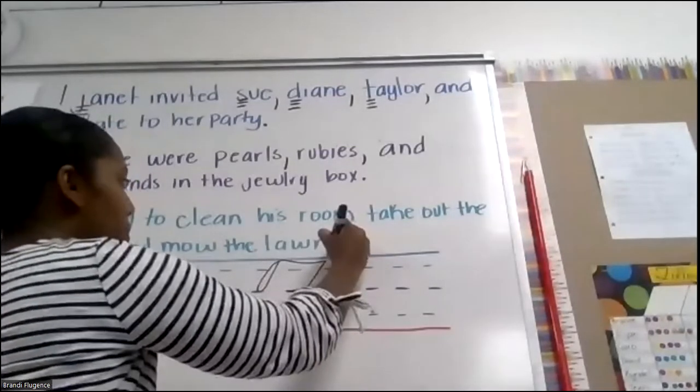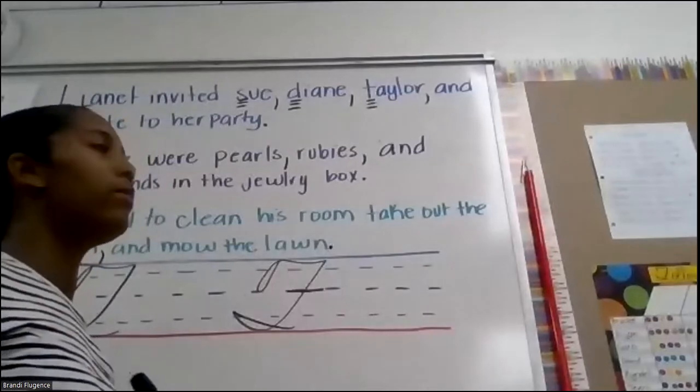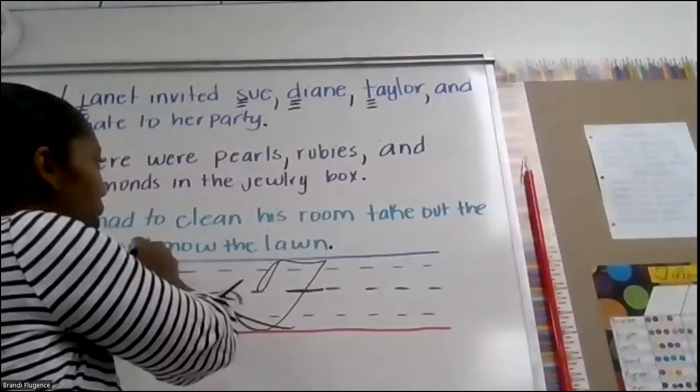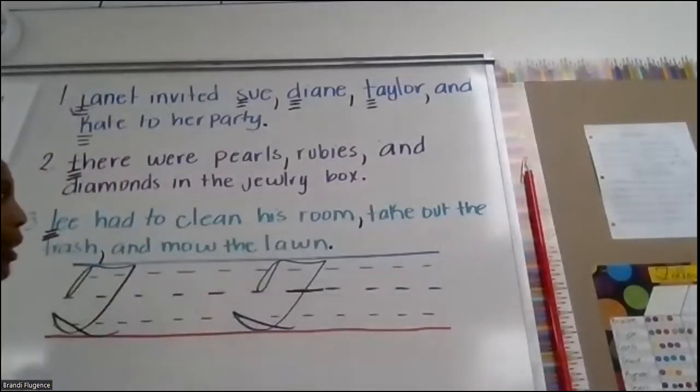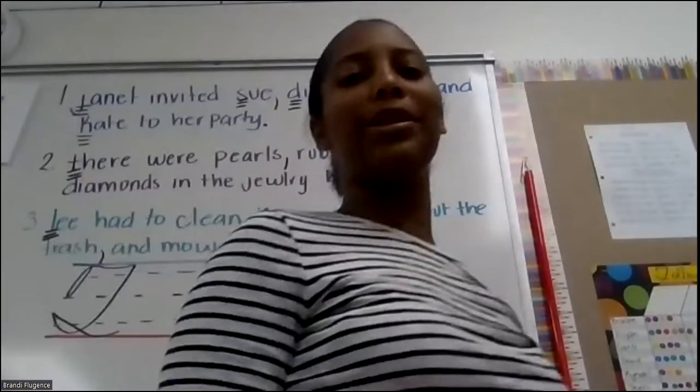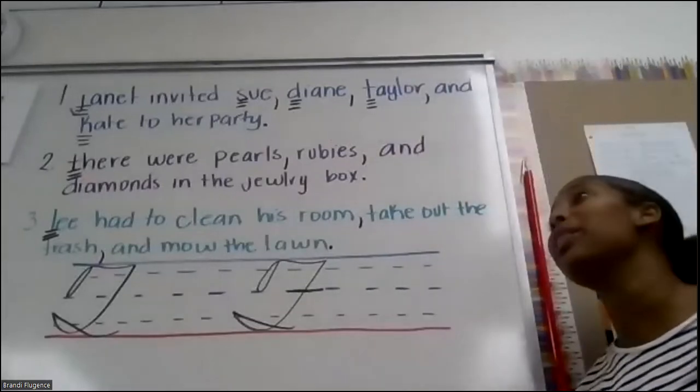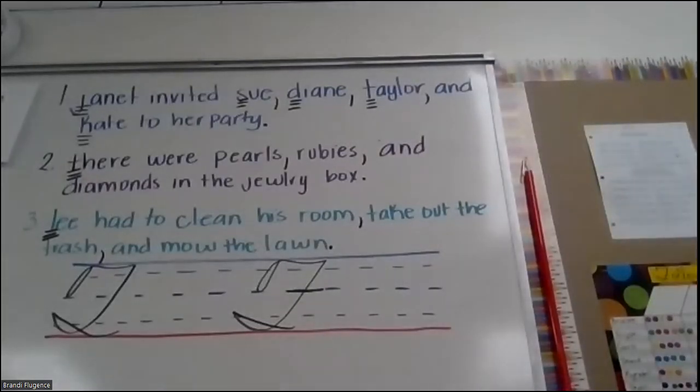There was another comma though. We already have clean his room, comma, take out the trash, comma, and mow the lawn. Yeah, that one was kind of long. That's why I said make sure you read them so you know where to put your commas.